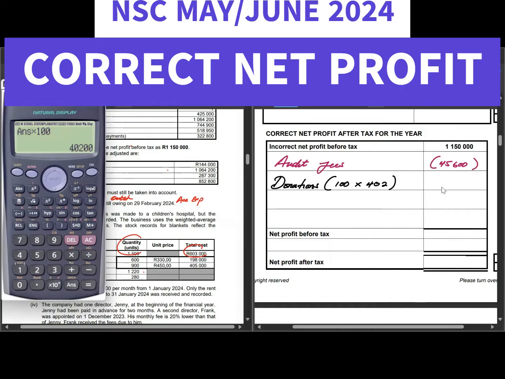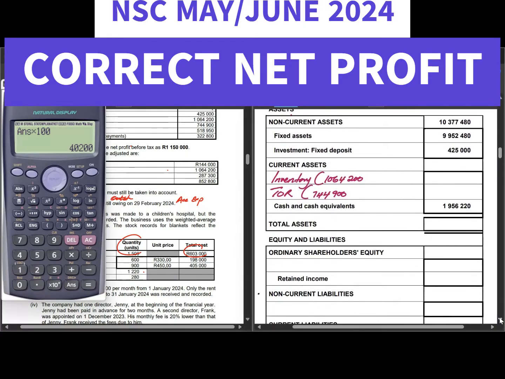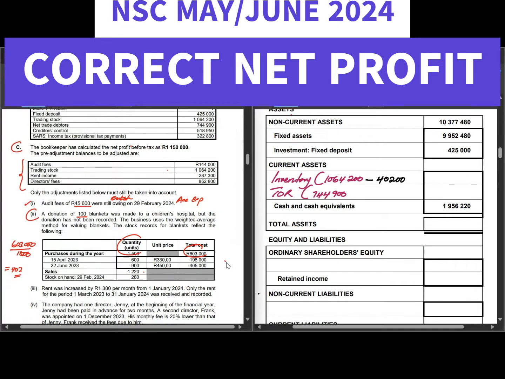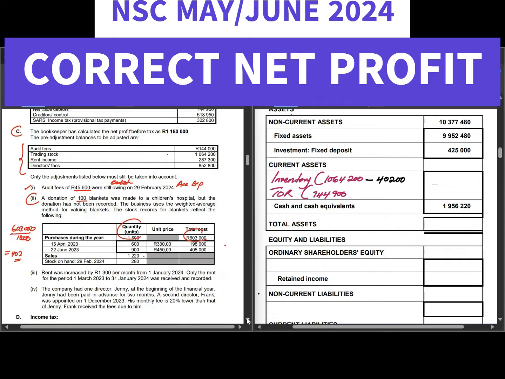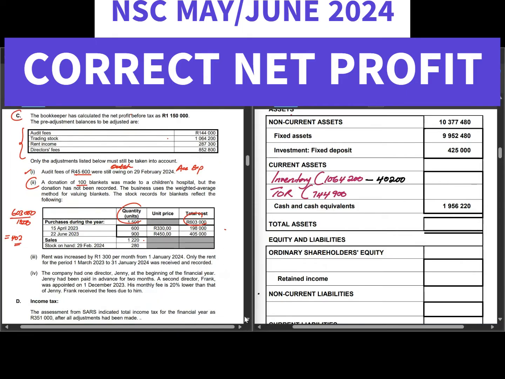That's going to give me 40,200. That is going to be in brackets because it is an expense that was not yet recorded. And when I come to my inventory, I know that it is going to decrease my inventory. So I'm coming here to say minus 40,200, because the blankets are part of the inventory that was not yet adjusted for.